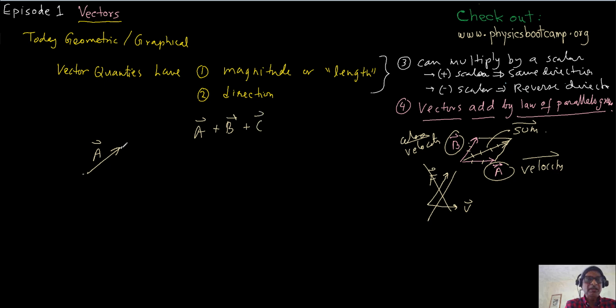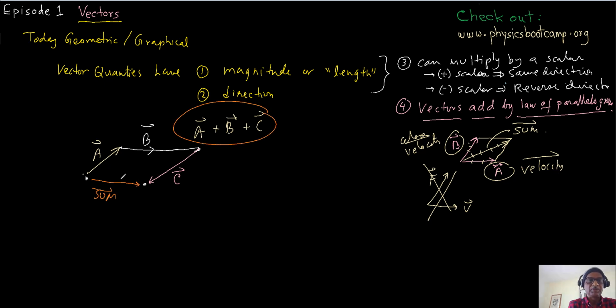Well, I'll go to the end, I will draw B, say B was in this direction and it was that big, and then I will draw C, maybe C was that, so I ended up here, I started here, so this will be the vector that's the sum of these things.